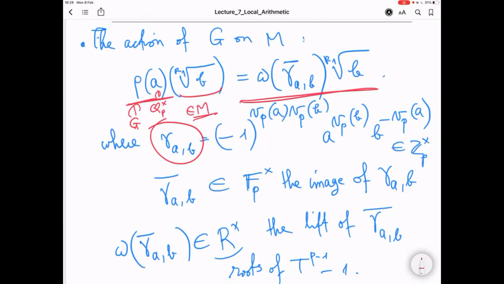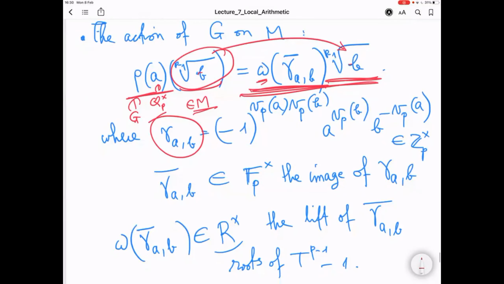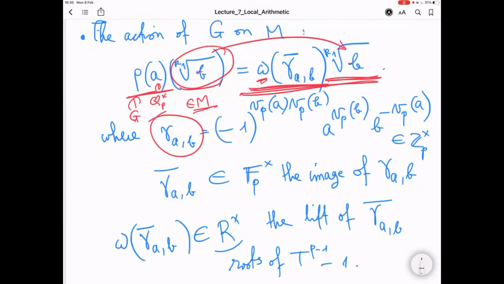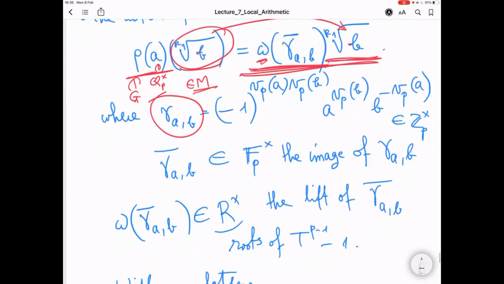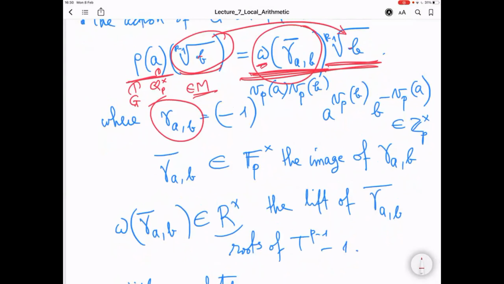It's this omega of gamma_{a,b} bar times the same element. It multiplies each element by this thing here. And what is this thing? Omega of gamma_{a,b} bar is explained here.